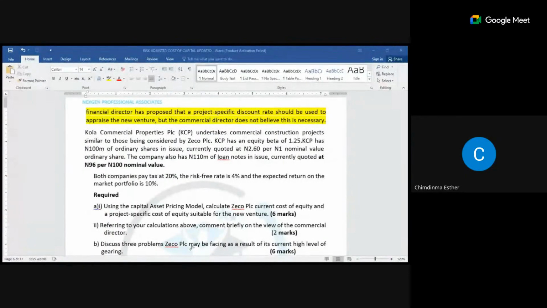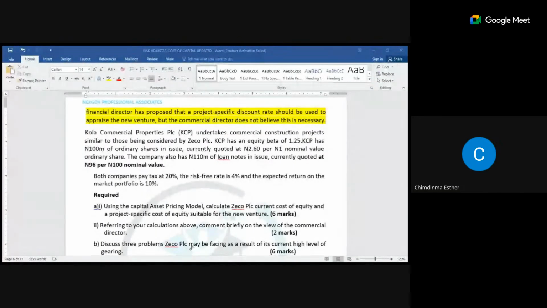Okay, to me, I would say the commercial director's view is kind of limited because he's not really grounded in the world of finance, as regards the financial director, who knows that project-specific cost is really appropriate because the new venture is carrying some elements of risk that are not familiar to the main business, Zeco PLC.